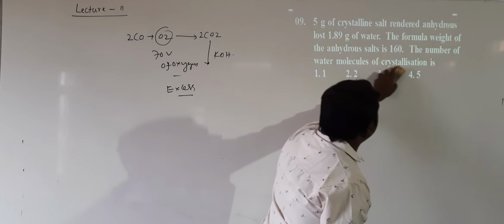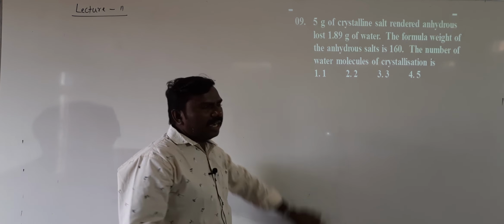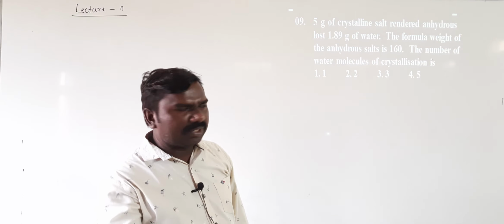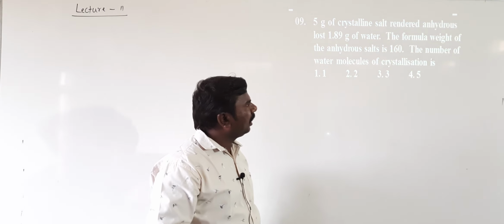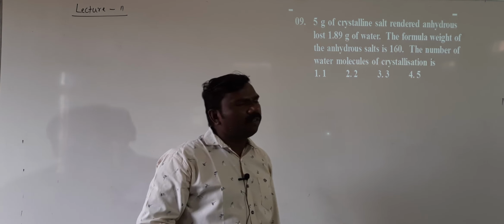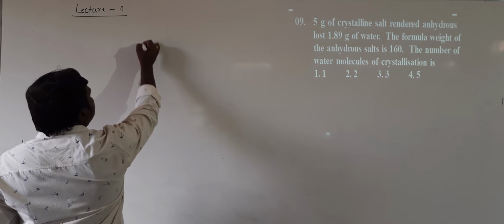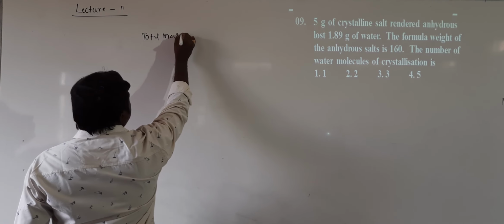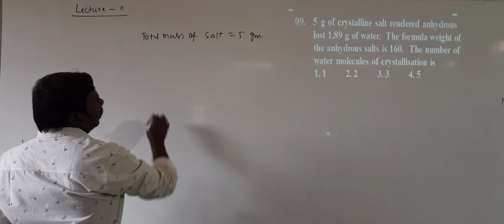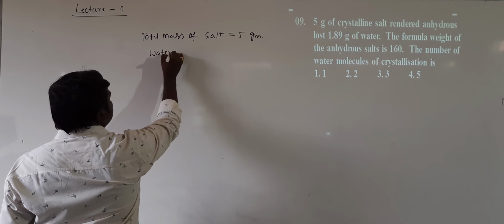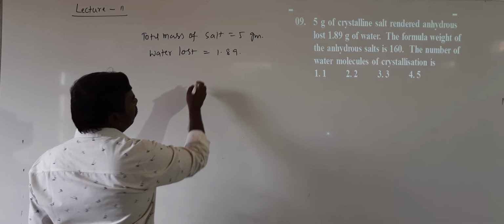Next, 5 grams of crystalline salt, when rendered anhydrous, lost 1.89 grams. Anhydrous loss means water is eliminated. The formula weight of the anhydrous salt is 160. What is the number of water molecules of crystallization? First of all, the total mass of salt is 5 grams. Water lost is 1.89.